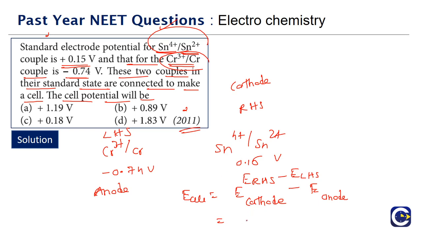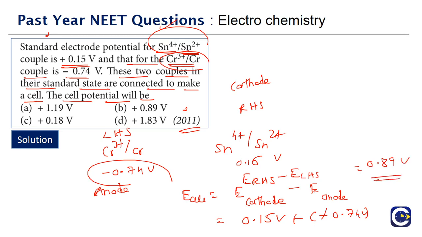So the RHS part is 0.15 volt minus the anode, which is minus 0.74. Minus of minus will be plus, so 0.15 plus 0.74 is 0.89 volt. So this will be the cell potential.